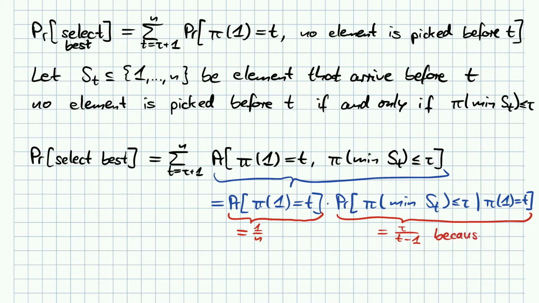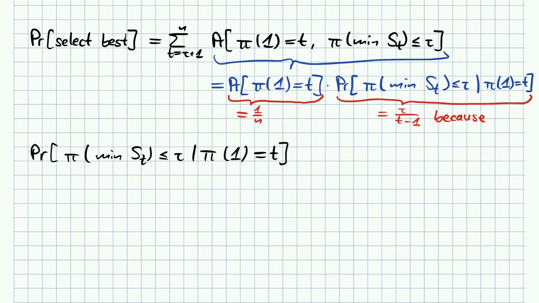But I guess we should have a closer look at this in a little more detail, why exactly this probability is this much. So what is the probability that the minimum of S_t is smaller than tau, conditional on pi of 1 being equal to t? Now let's write this down really formally. We're drawing a set M, which will have to be a subset of 2 to n.